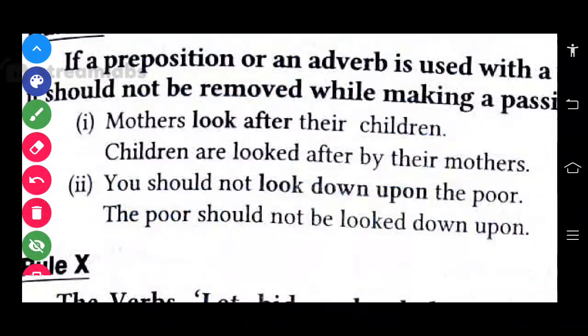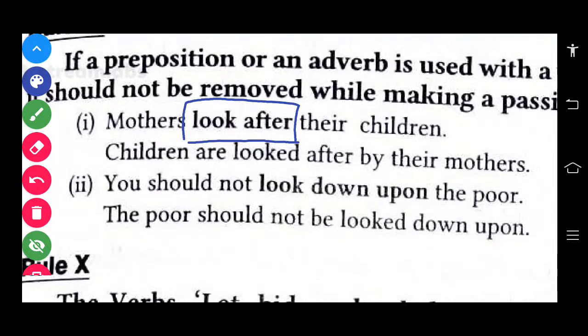Mothers look after their children. Look after is a phrasal verb. Look after means takes care. Here, after is a preposition used after the verb look to give a specific meaning, nothing but taking care.